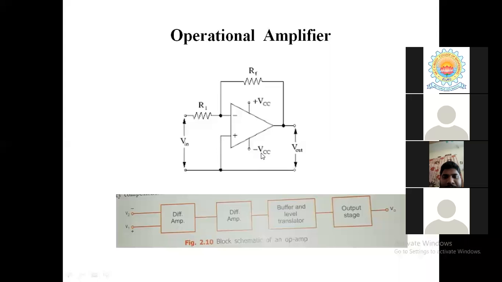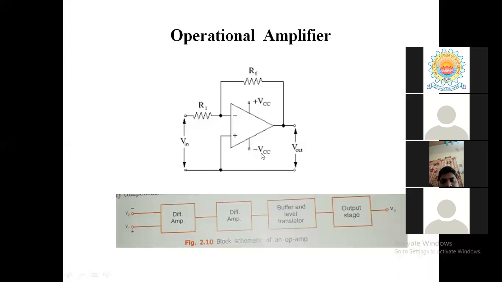If the operational amplifier behaves like an ideal device, the open loop voltage gain should be infinite, the input resistance should be infinite, the output impedance must be zero, and the bandwidth should be infinite. So these are the important parameters.